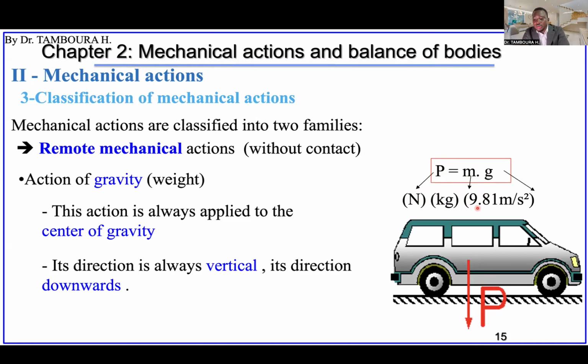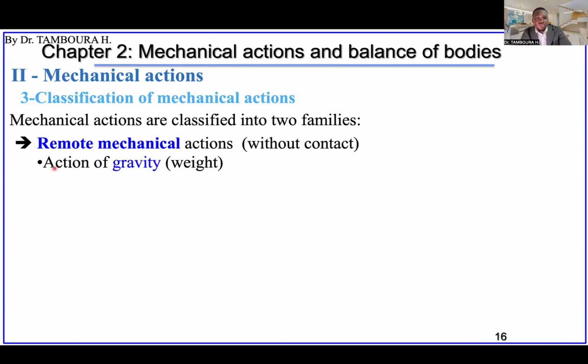And so the action of gravity is one example of non-contact force, remote mechanical actions.